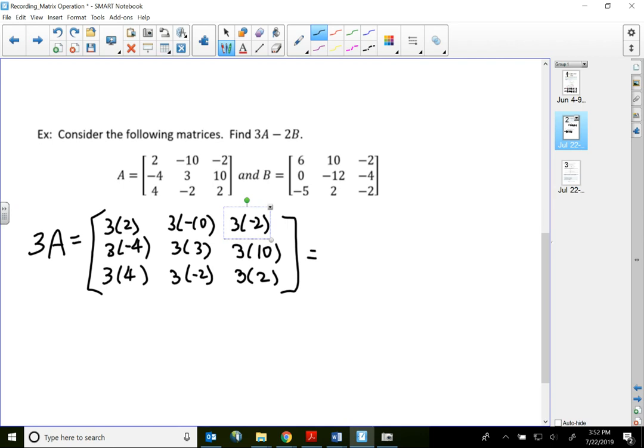All right, so my 3 times A is going to be 6, negative 12, 12, negative 30, 9, and negative 6, negative 6, 30, and 6. There you go. That's 3 times A.